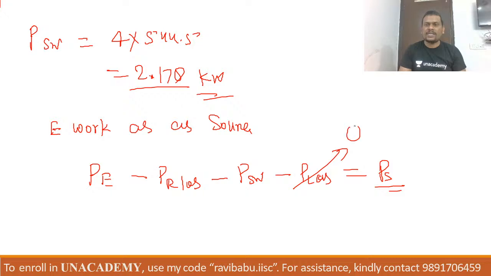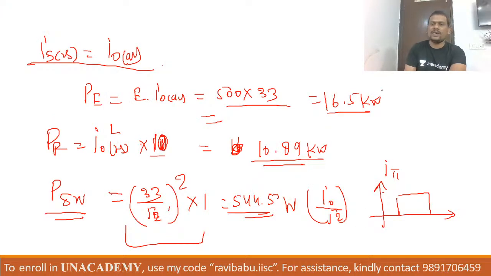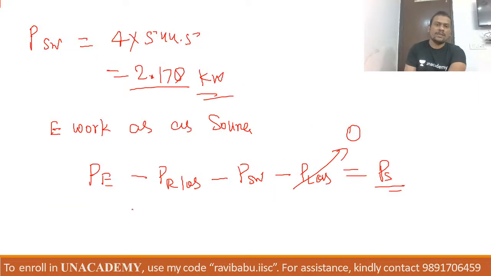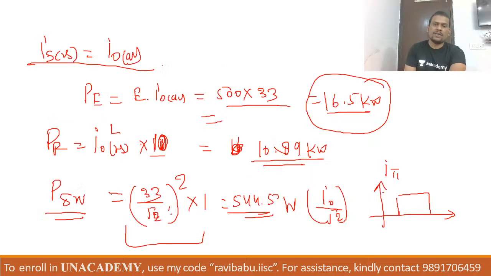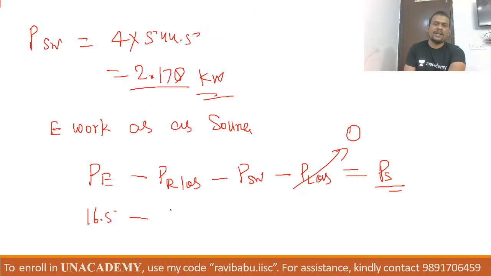And this inductor average power is always 0. What is the power of the battery? See here, 16.5, and it is 10.89. So I want to write here 16.5 minus 10.89 minus 2.178 is equal to PS.